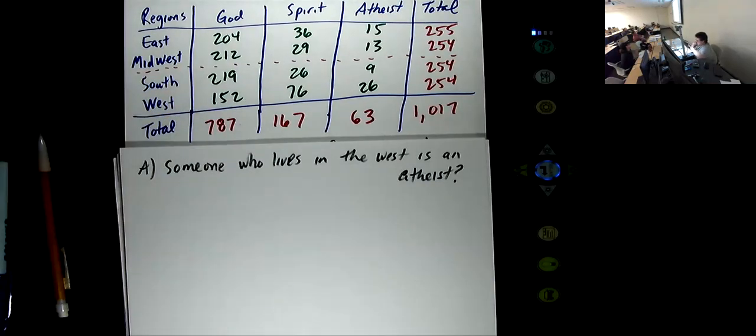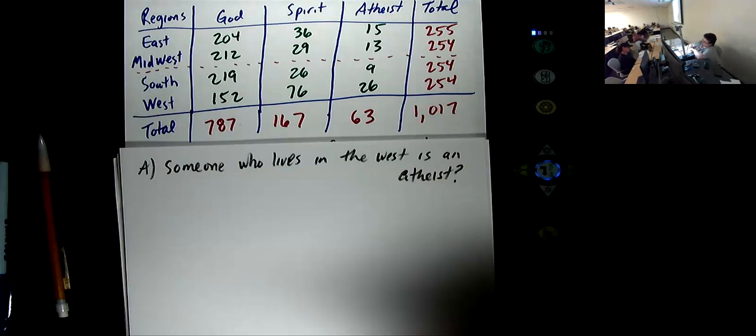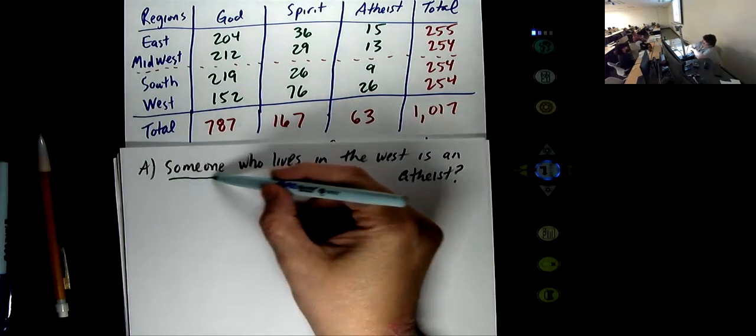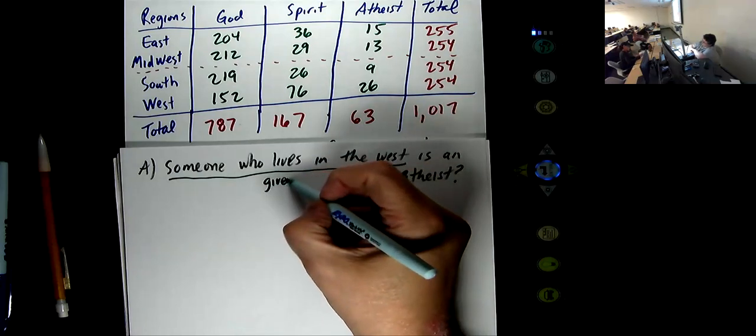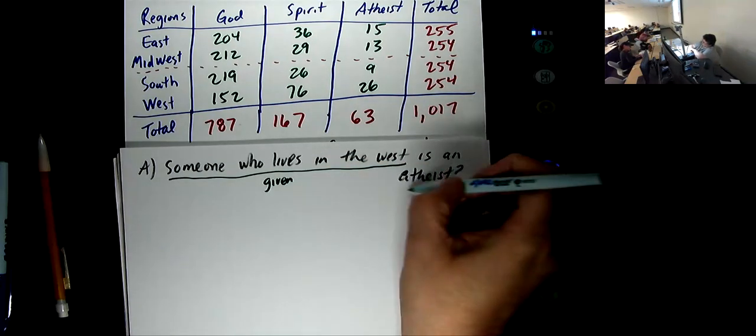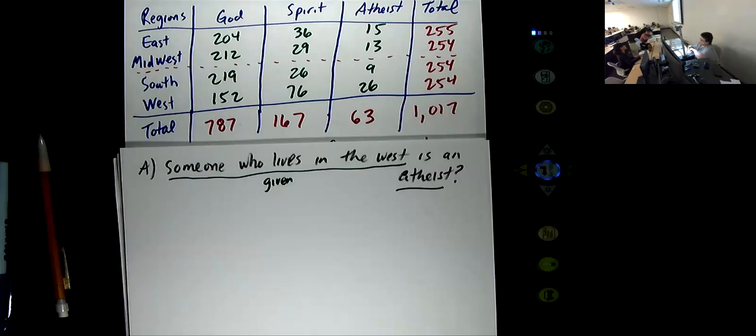So the first one is the given piece of information. This is the restriction we're placing on it. We want to only look at people that live in the West. The probability that they're atheists is what we're looking for.